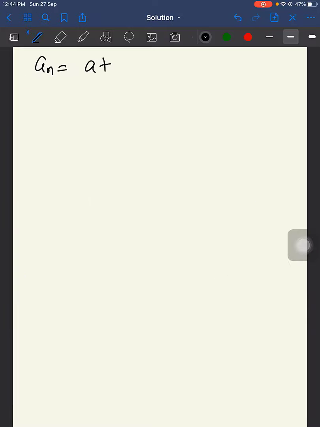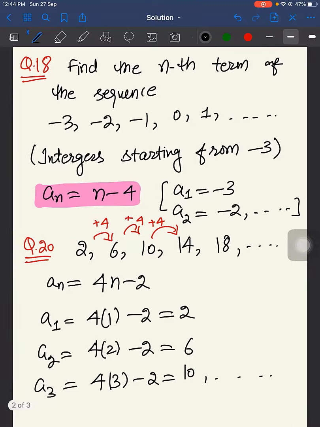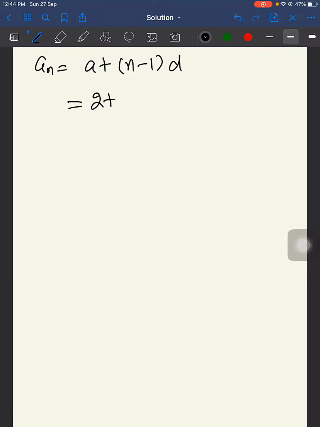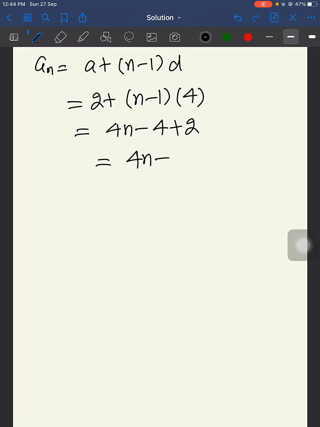Using a plus n minus 1 into d, a is given to us, that is 2, and the common difference is 4, so it becomes 4n minus 4 plus 2, so that becomes 4n minus 2.